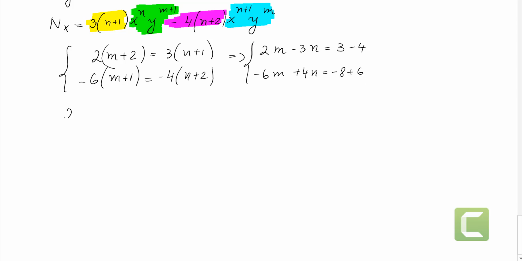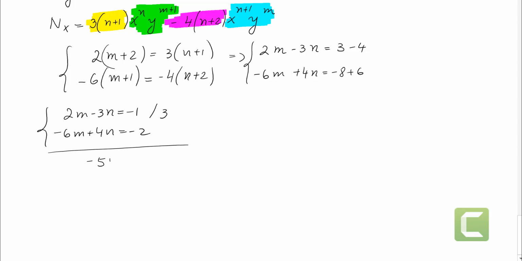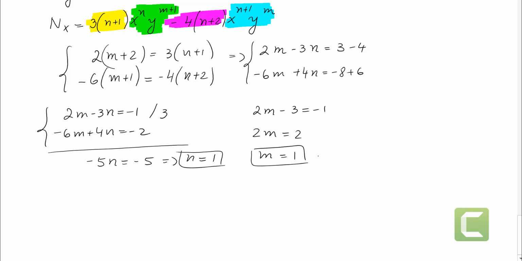So we get 2m minus 3n equals negative 1, and negative 6m plus 4n equals negative 2. We multiply the first by 3, and we get negative 5n equals negative 5, so n equals 1. And I can replace anywhere I want, and I get 2m minus 3 equals negative 1, 2m equals 2, m equals 1, and we found both of them.